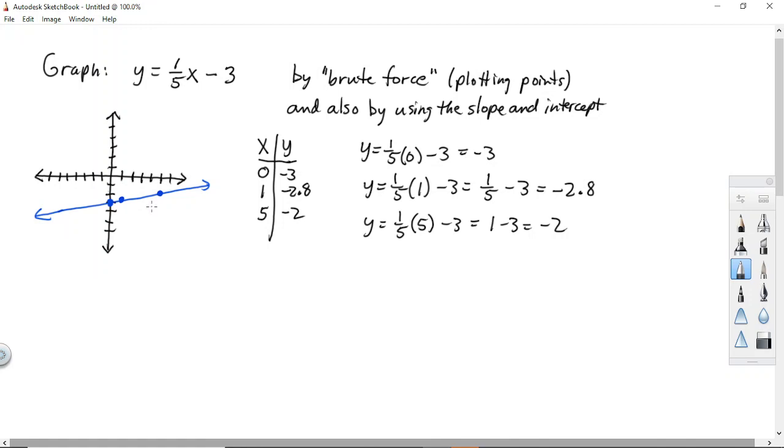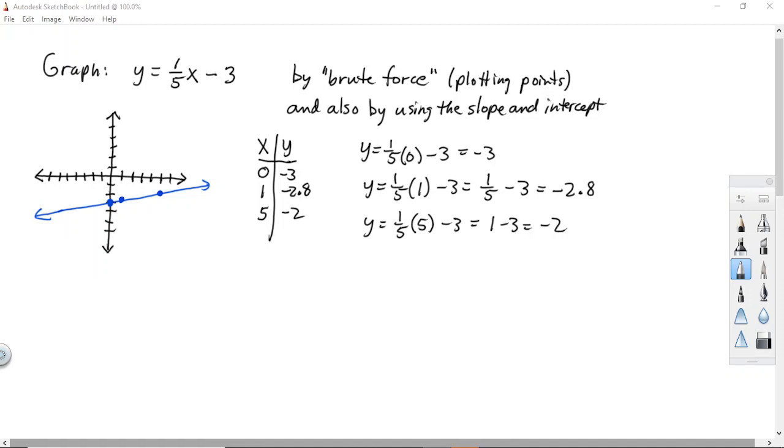Okay, so now let's go ahead and do it the other way, the easy way actually, by using slope and intercept. This one is in slope-intercept form, so it's pretty easy. We don't have to put it in slope-intercept form.